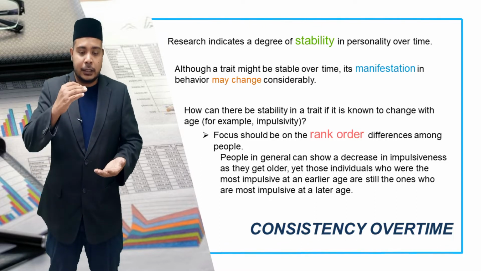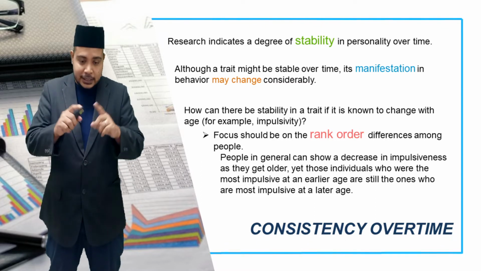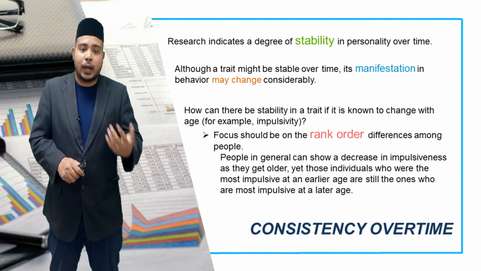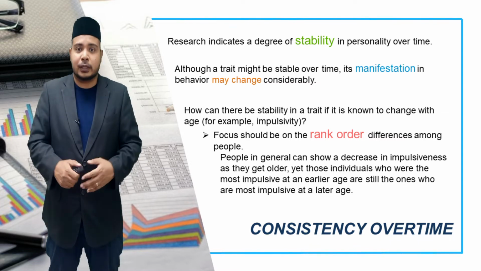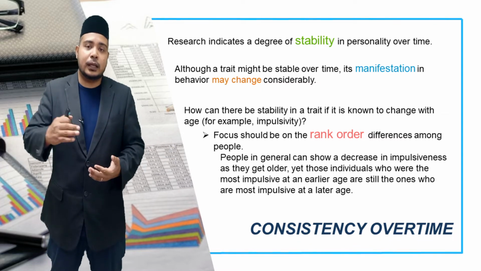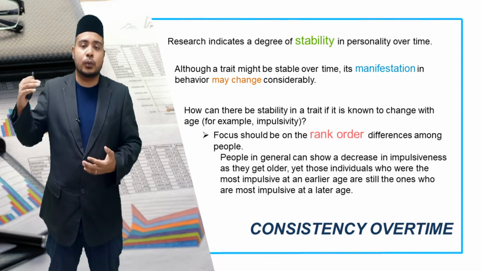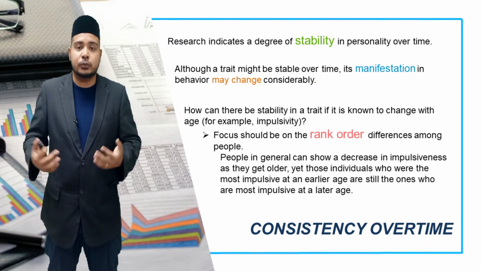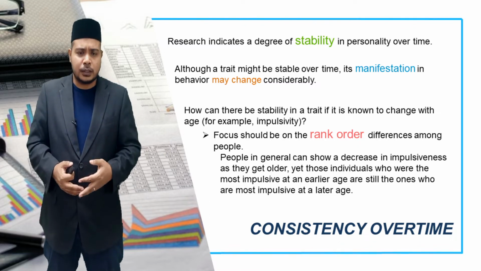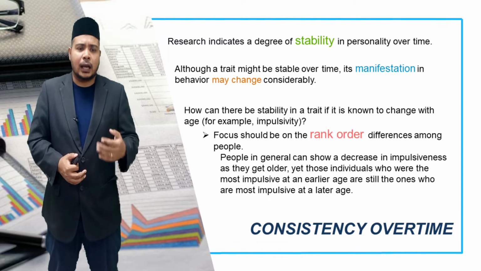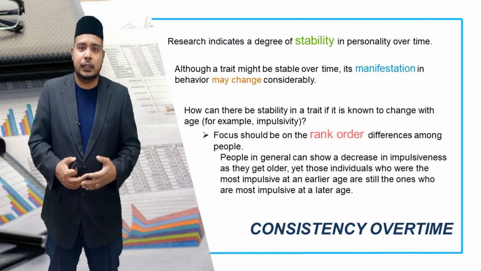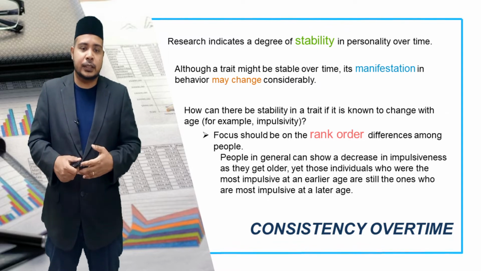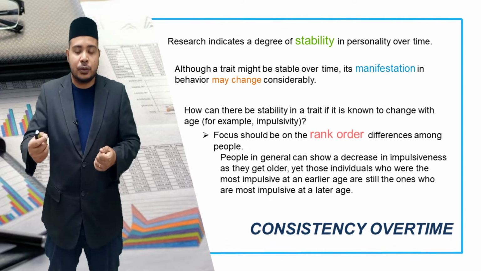The focus of this type of question in personality traits is this: most individuals, when they are growing up, are able to control and regulate their emotions more. So psychologists are asking, how can there be stability in our personality traits that are known to change with age?